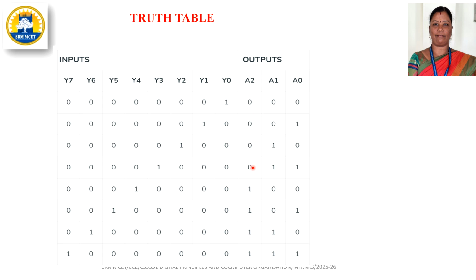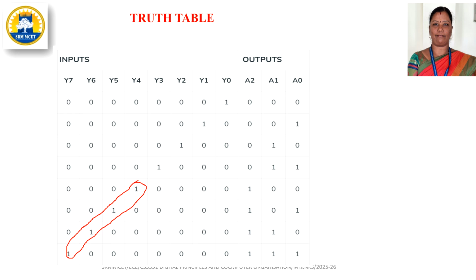A2 is high, that is 1, for only 4 combinations: Y4, Y5, Y6 and Y7. So A2 is equal to Y4 plus Y5 plus Y6 plus Y7.